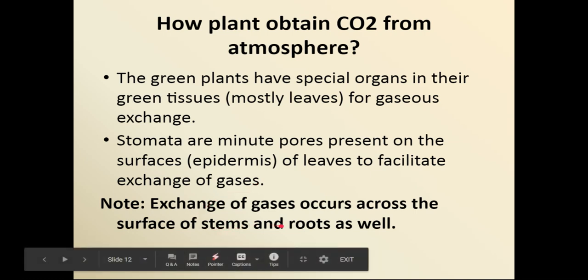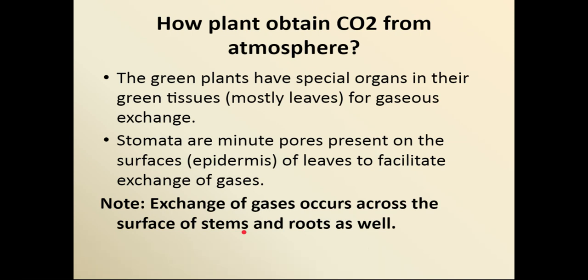Exchange of gases also occurs from the surface of stems and roots as well. As you can observe, when you touch the stem or bark of any tree, you can observe that minute pores are there. These are responsible for gas exchange as well. Similarly, in the case of roots, you can observe the minute pores. They are responsible for gas exchange.